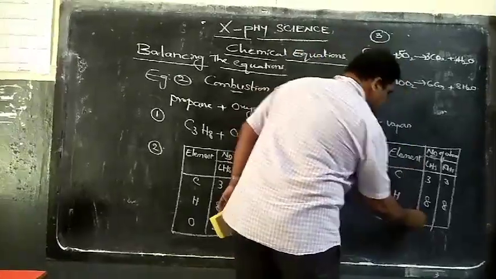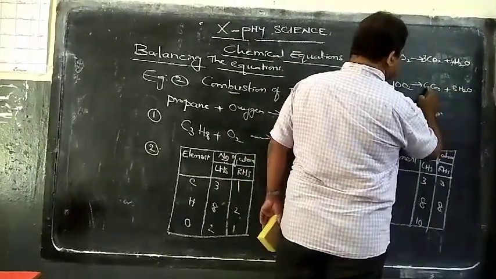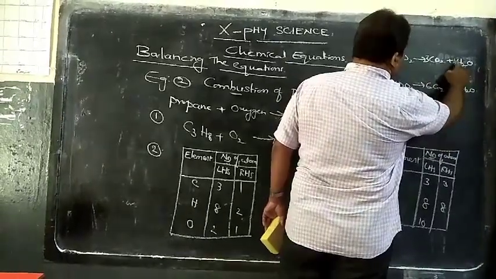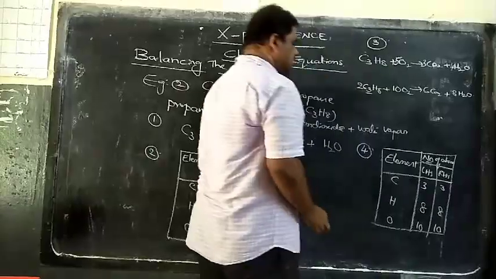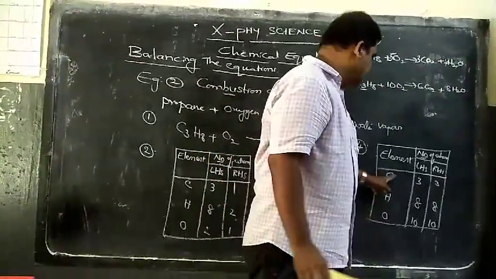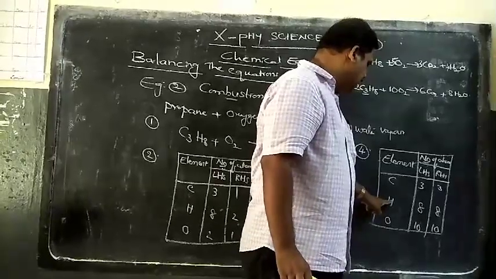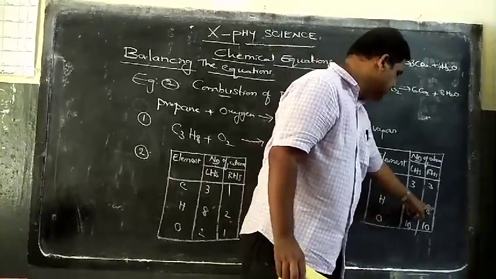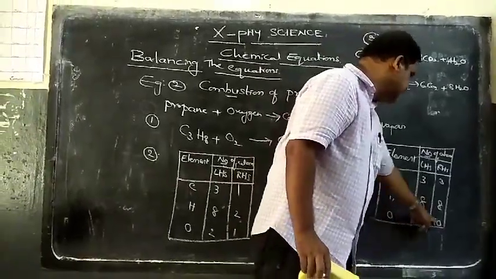Left side 5 2s are 10 oxygen atoms, right side 8 oxygen plus 4 oxygen plus 6, total 10 oxygen atoms. So the number of atoms of carbon on the left side and right side is the same. Hydrogen on the left side is 8, right side is also 8. Oxygen atoms on the left side 10, right side 10.